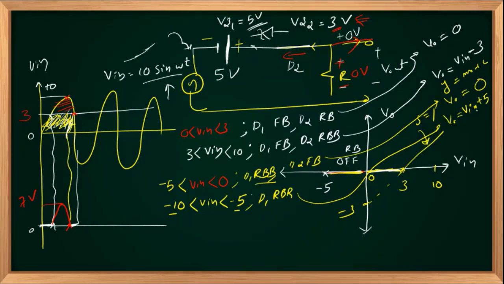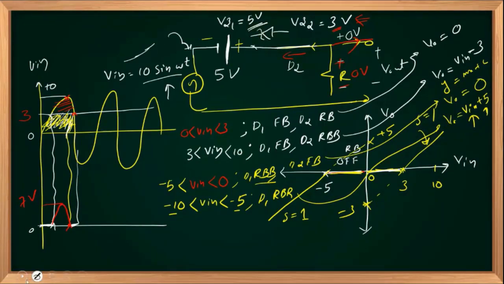So y-intercept is plus 5. So this is positive 5. Initially it was minus 3. And slope is nothing but 1 itself. Input is negative, output is also negative, so slope is equal to 1.